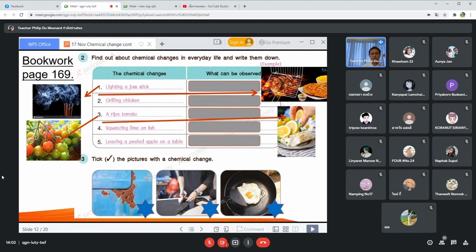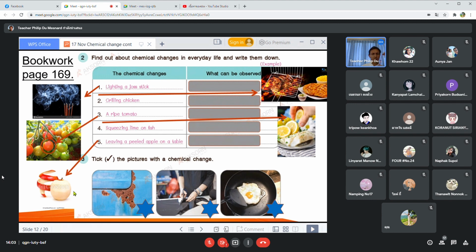Here we've got some lime, and there's the fish, and you squeeze it on the fish. It will make the fish very yummy. The last one, leaving a peeled apple on the table. This is a peeled apple. It means the outside, you take it off with a knife. The outside of the apple is called a peel.